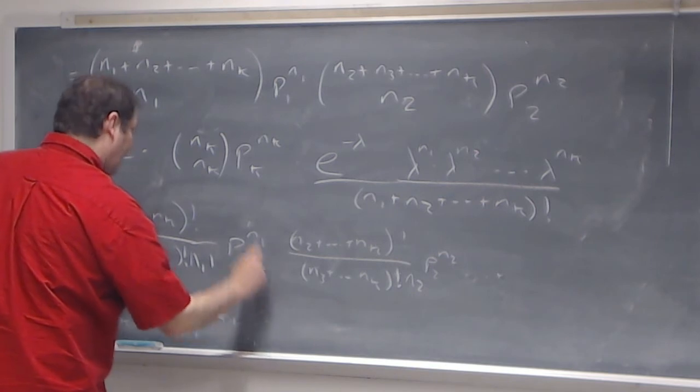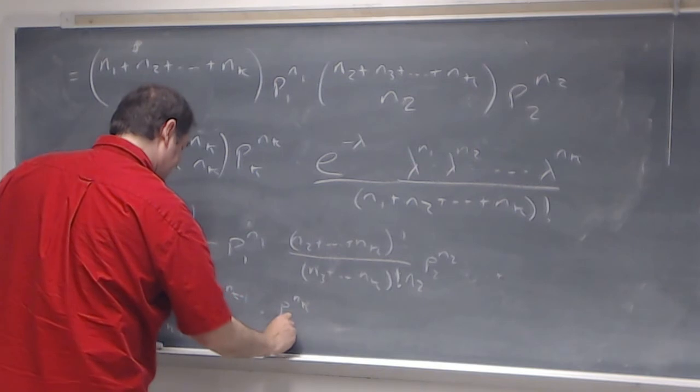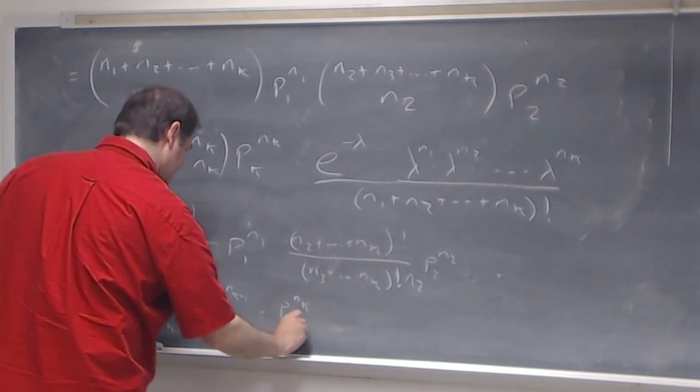And then finally, this is 1, so it's just p sub k raised to the n sub k.